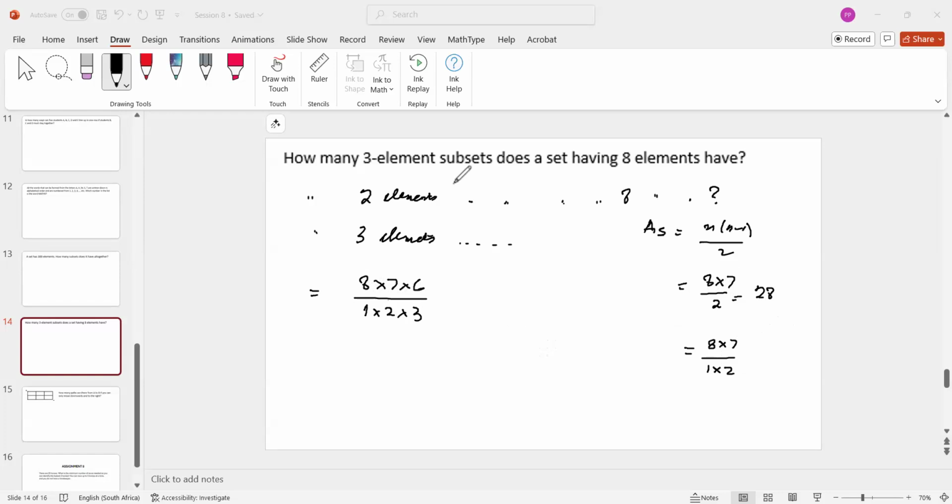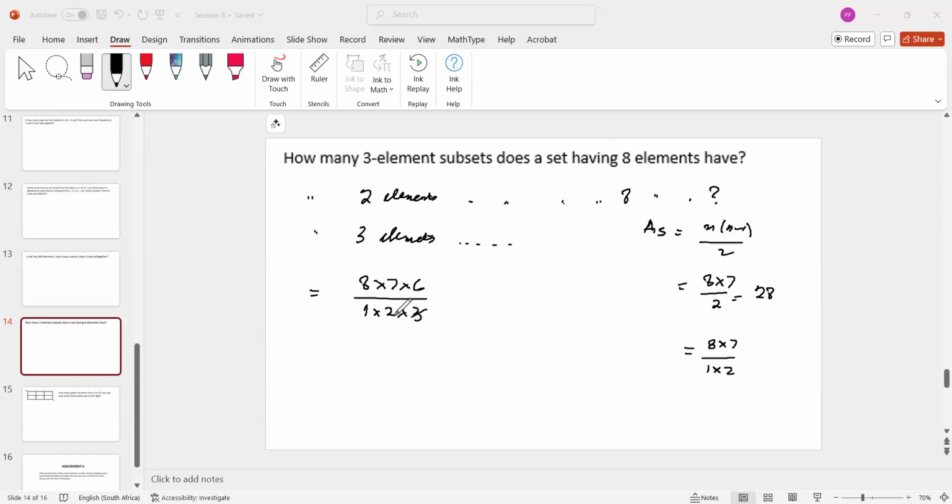See, the number of 3-element subsets that a set of 8 elements has: you start from 8 and you go down, or maybe you put the denominator first. For 3 elements, you've got 1 times 2 times 3, but then you write down the same number of factors at the top. You've got 8 times 7 times 6, you stop there because there are 3 at the bottom, so you have to have 3 there.